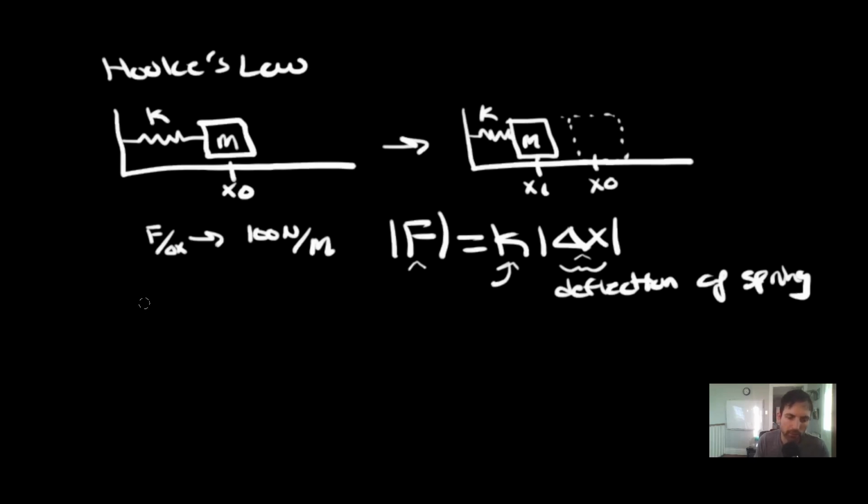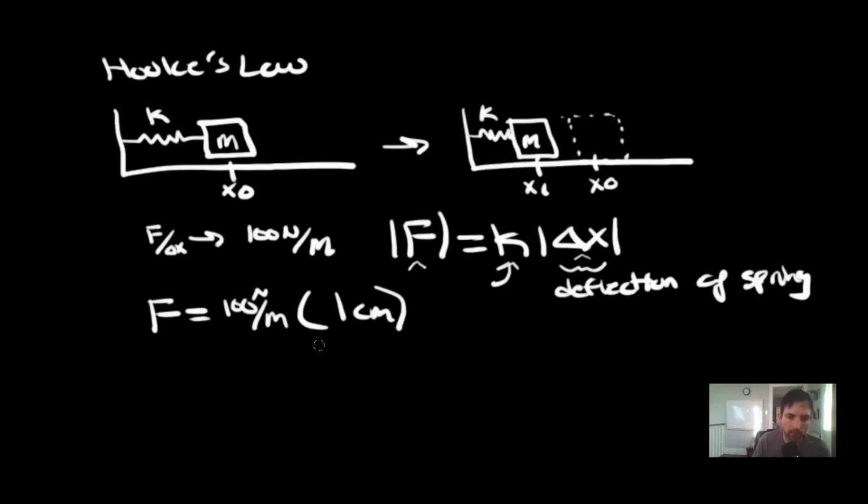Let's say there's some force that's applied to this mass, the same example you see up at the top, and maybe some force is given, and we have a spring constant of 100 newtons per meter, and we are traveling 1 centimeter, right?